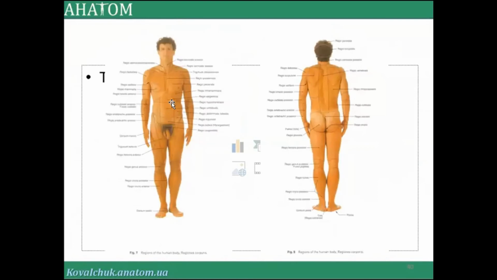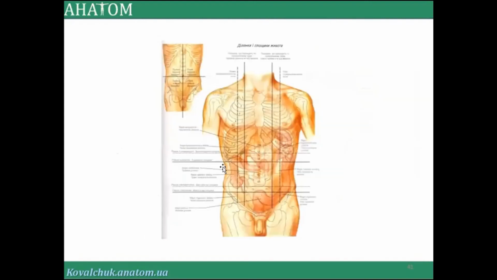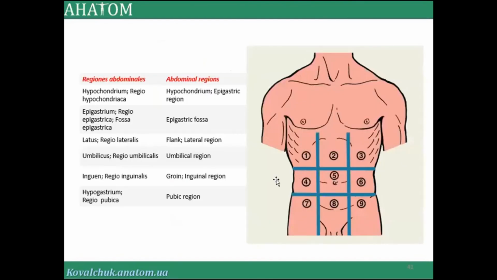Holotopy, it's when you remember in your workbook there are some pages where different regions have a number and name, and in the abdominal cavity there are 9 regions.